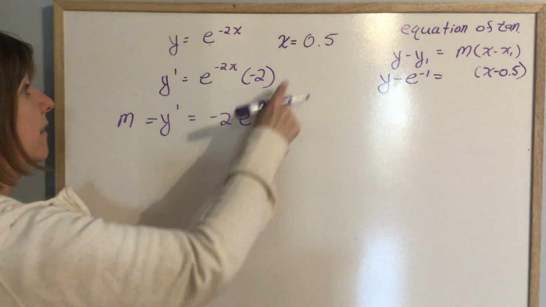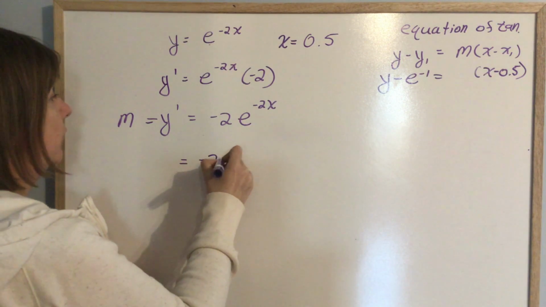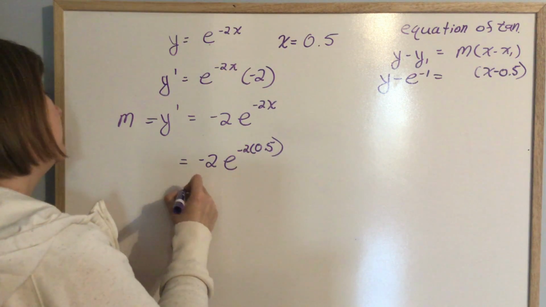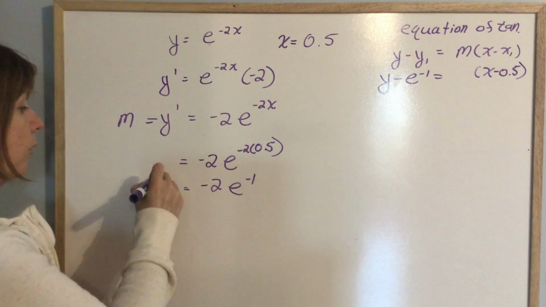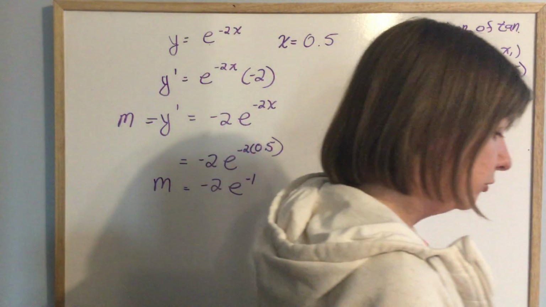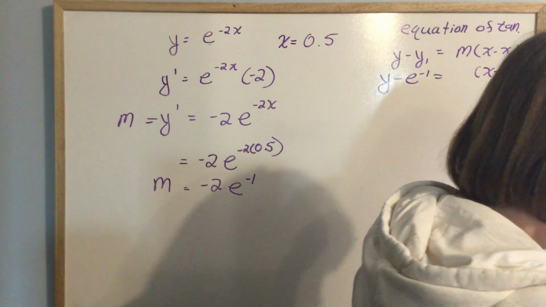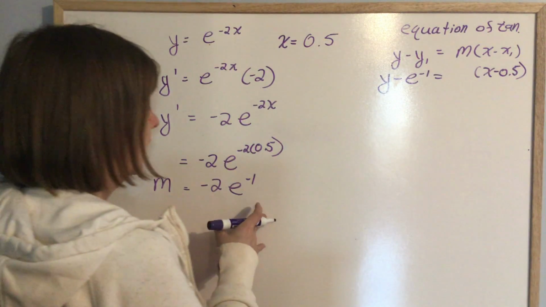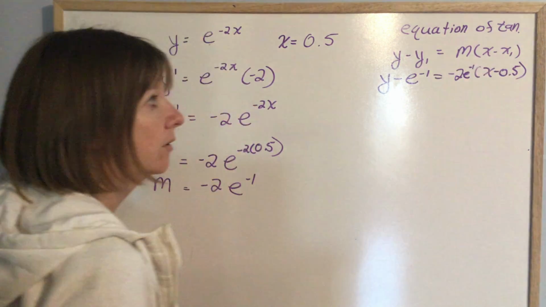Now, there's an x in there, and I know that x is 0.5. So I can do negative 2e to the negative 2 times 0.5, which means this is negative 2e to the negative 1. That is my slope. And again, they do not bother to expound that out and turn that into a decimal. They just do 2e to the negative 1.